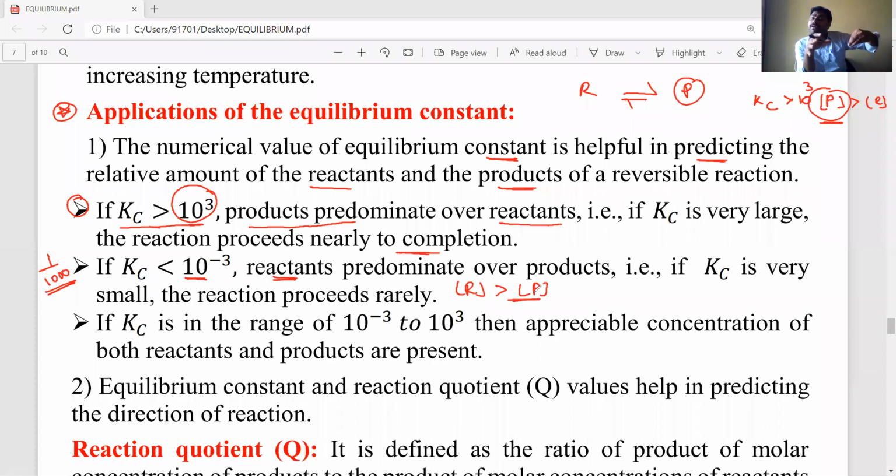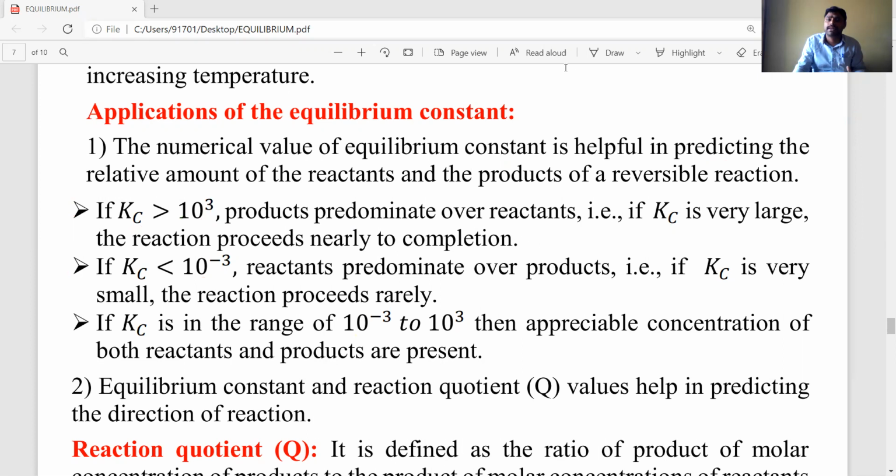Below 10 to the power of minus 3, reactants are more. In between 10 to the power of minus 3 and 10 to the power of 3, both reactants and products are present in certain, measurable quantities. It is one important application of equilibrium constant.